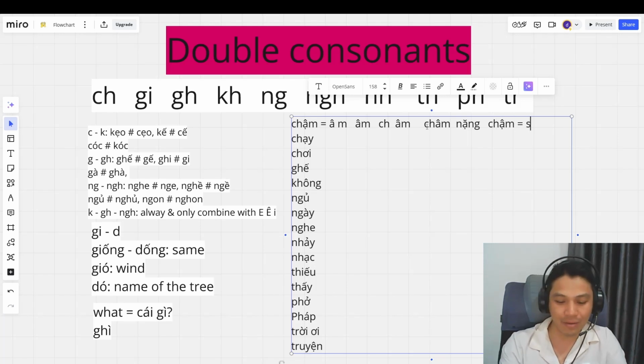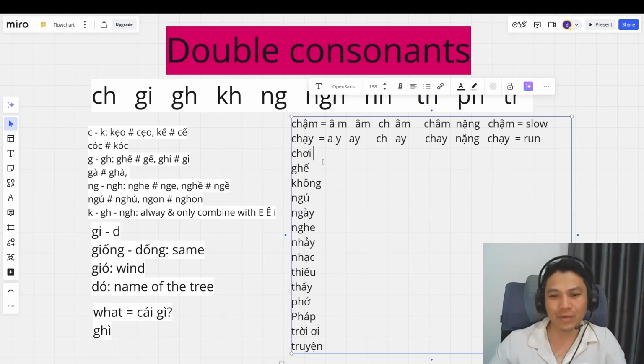Alright, it means slow. Or this word, a, i, ai, chờ, ai, chay, nặng, chạy. It means run.